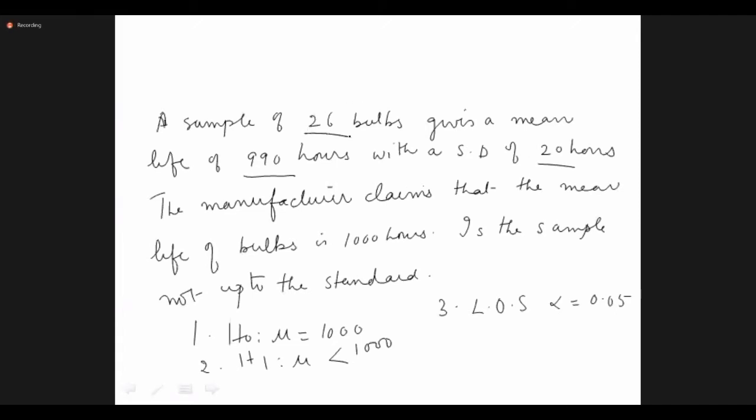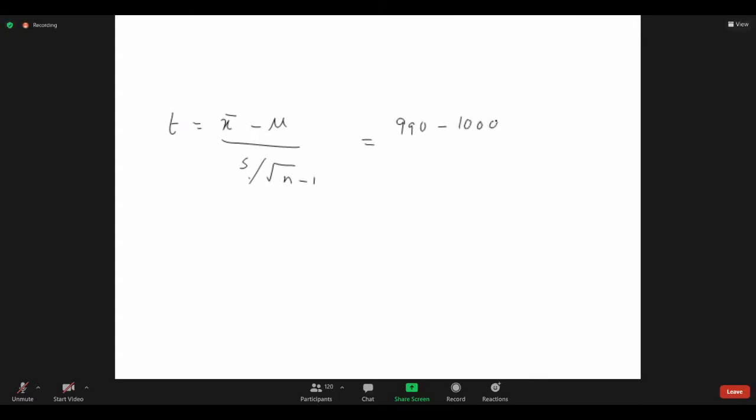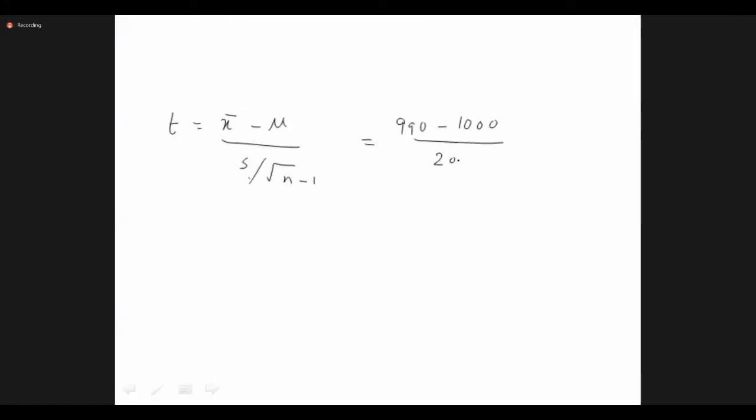A sample of 26 is given, so we substitute: 990 minus 1000 divided by 20 by root of 26 minus 1. It is approximately minus 2.5. It is a left tail test, so we take T alpha with how many degrees of freedom? 25 degrees of freedom.